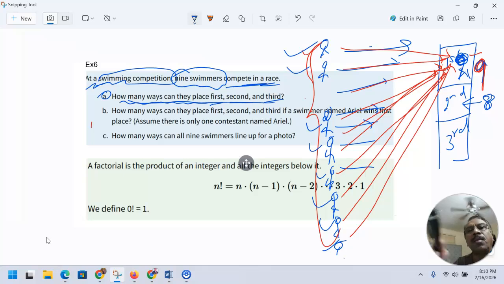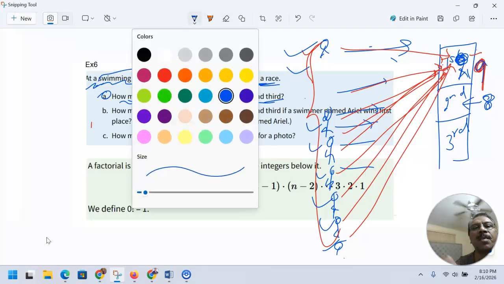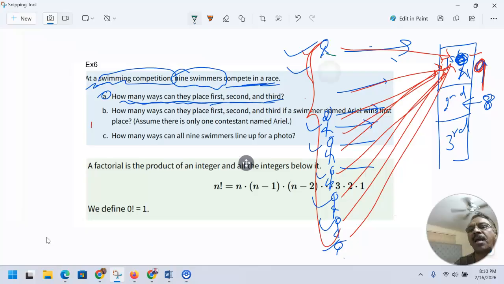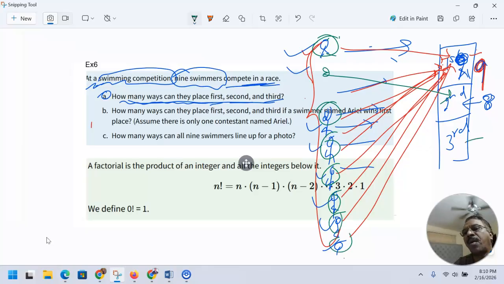One of them is done. Let me take this guy off, he is already placed over here. That means there were 8 options. Now once he's gone, how many are remaining? 1, 2, 3, 4, 5, 6, 7. So you have only 7 options left.